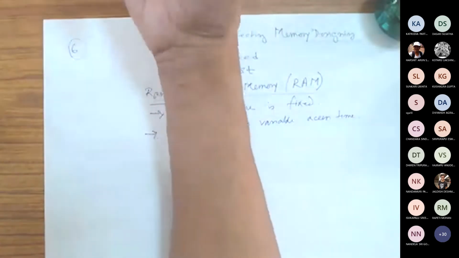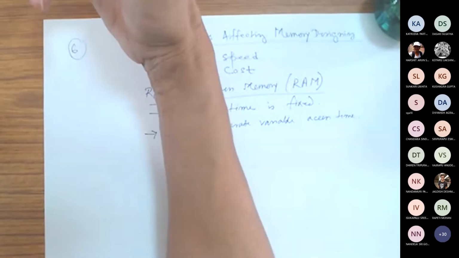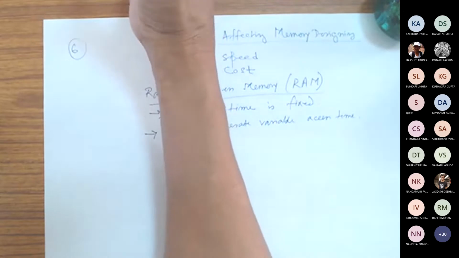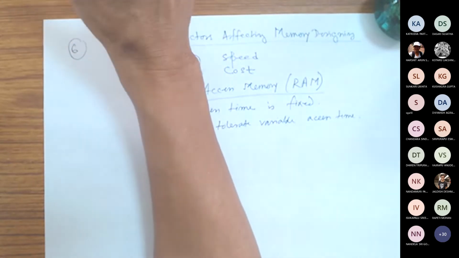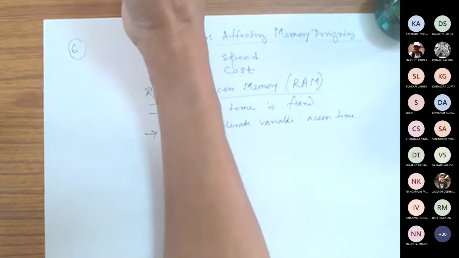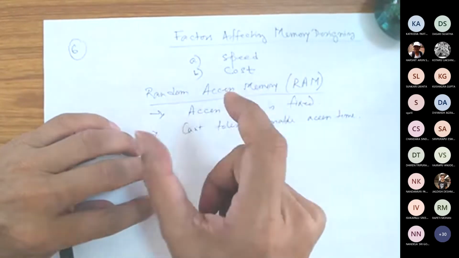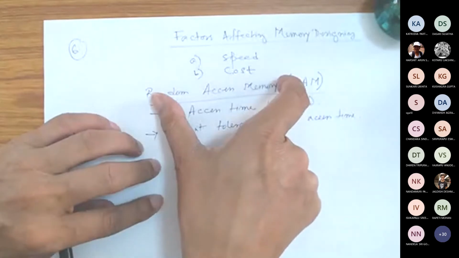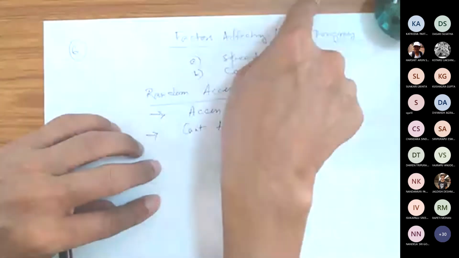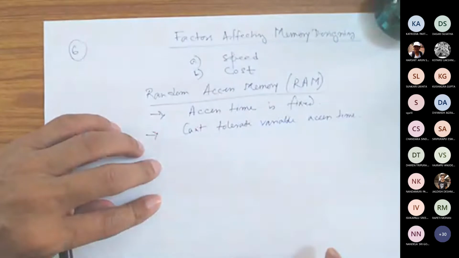Like in case of magnetic tape, even in case of magnetic disk, the time to reach the next block may vary. Whereas in random access memory, because these are based on decoders, whether you decode the first line or the last line, the circuit time is the same.